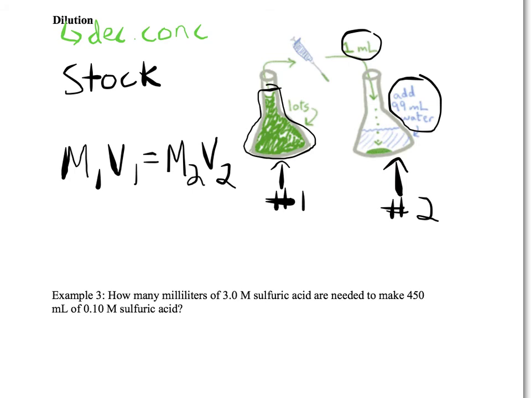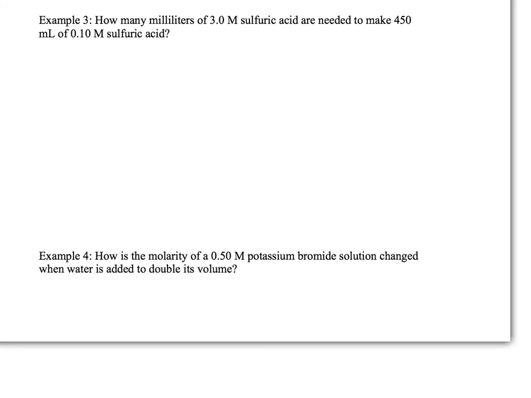So how can we apply that to a problem? Let's look at number 3. Number 3 asks, how many milliliters of 3.0 molar sulfuric acid, so again, I'm annotating exactly how you should be doing anytime you get a problem like this, are needed to make 450 milliliters of 0.1 molar sulfuric acid. Same thing.